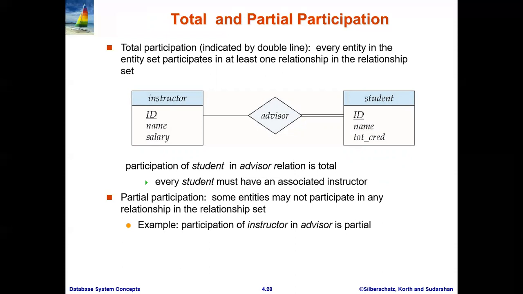So this is how we can show total and partial participation. This is like students being compulsorily required to appear for examination. On the other side, instructors never appear for examination. Right? So the student's participation is a must, that is total, and the instructor's participation is partial.